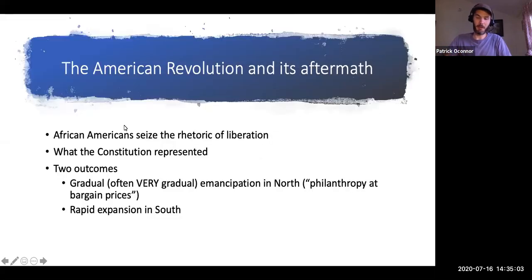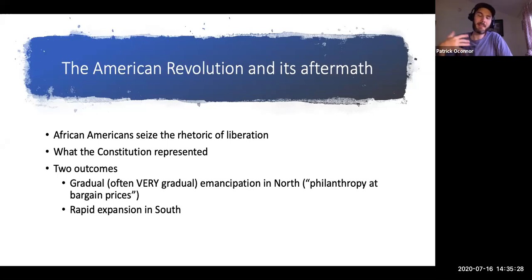Of course, the central event in the middle period of American slavery was the American Revolution. By the time of the Revolution, slavery had existed in North America for more than 150 years, which means that it was absolutely central to the events of the Revolution, right? It was a deeply embedded institution everywhere in the colonies.